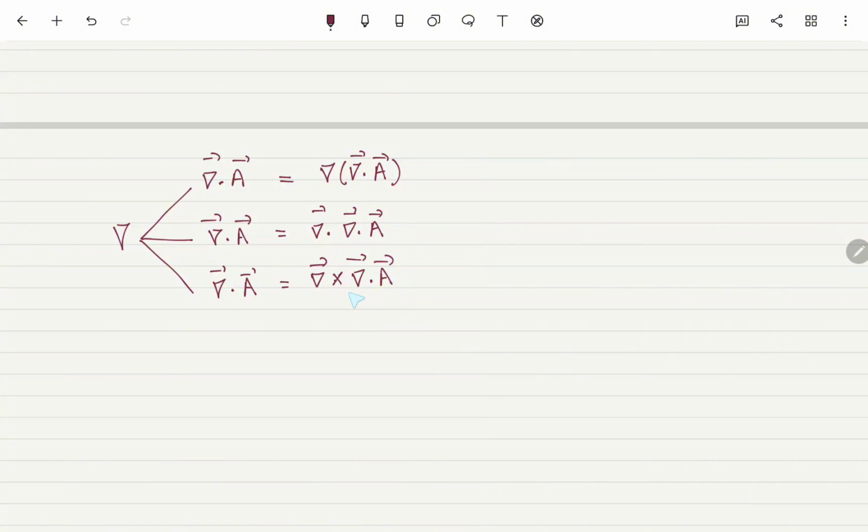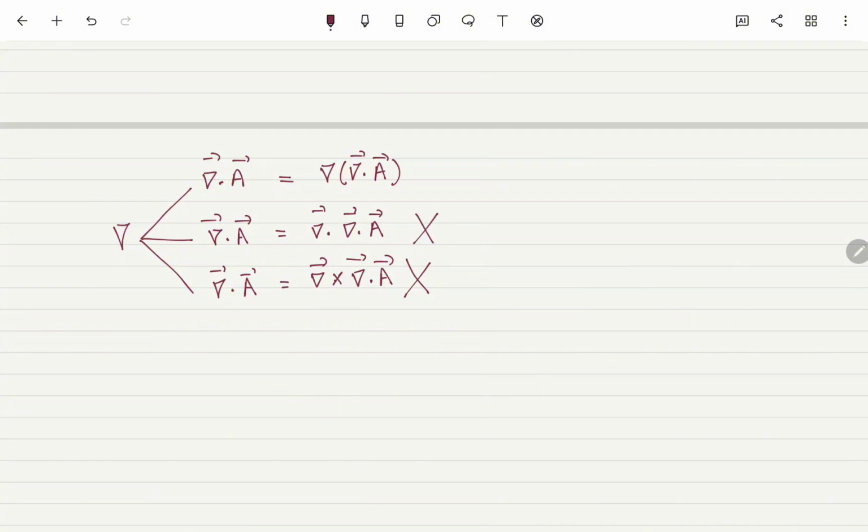Starting from this one here, now divergence A is a scalar quantity, and this is a vector quantity. A vector cannot be applied on a scalar quantity with the cross product, so this case is not possible. Now again, the divergence A is a scalar quantity, and a vector quantity cannot be applied on a scalar quantity with the dot product, so this other case is not possible.